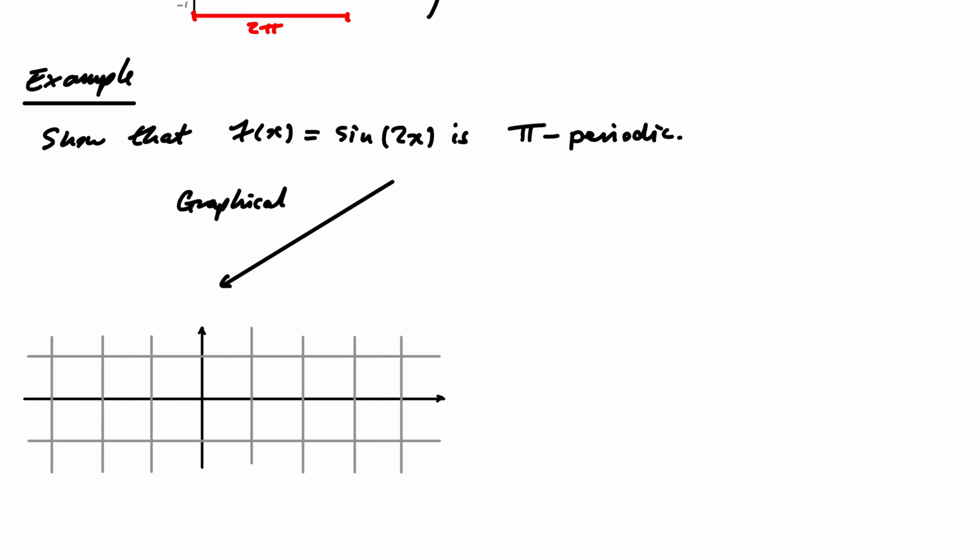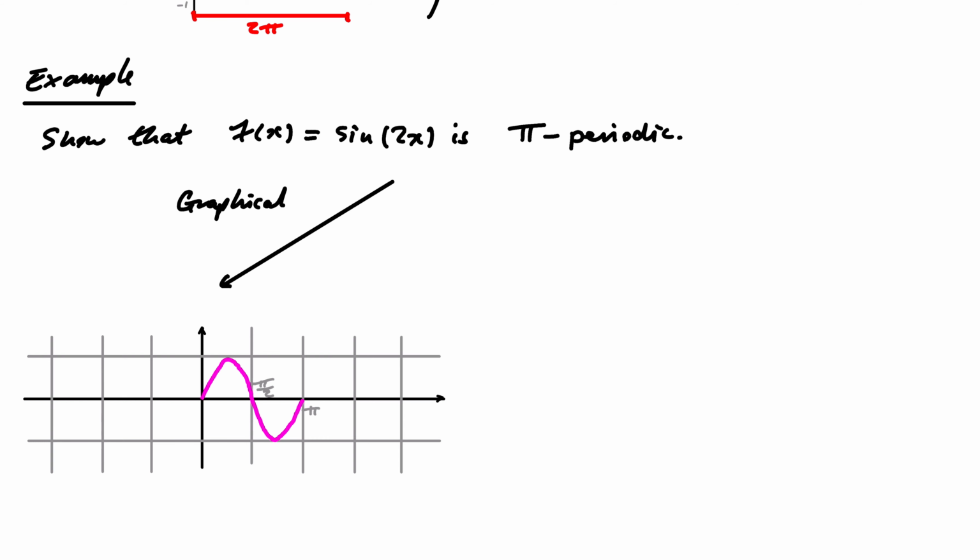Let me write this a bit better. So let me label everything. This is pi over 2, and this is pi. So it's basically run through the wave twice as fast.